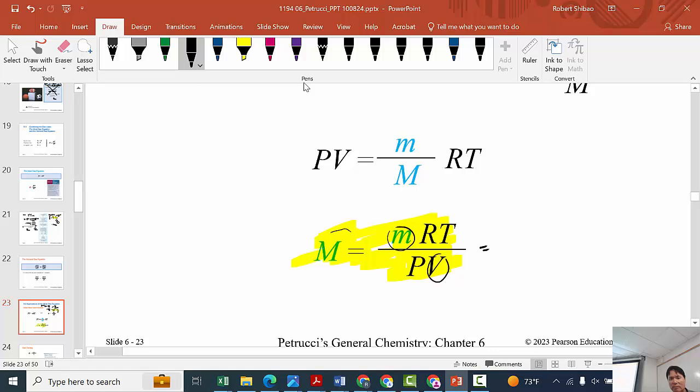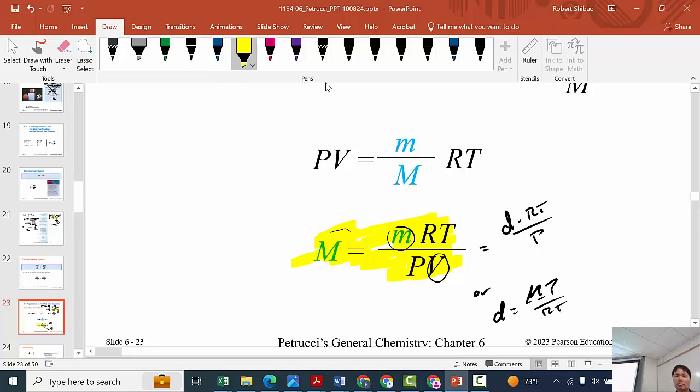So mass divided by volume is equal to the density. So what we could say is this is equal to the density times RT over P. Or we could solve for density here. The density is equal to the molar mass times P divided by RT. Or we could do an alternate derivation for density.